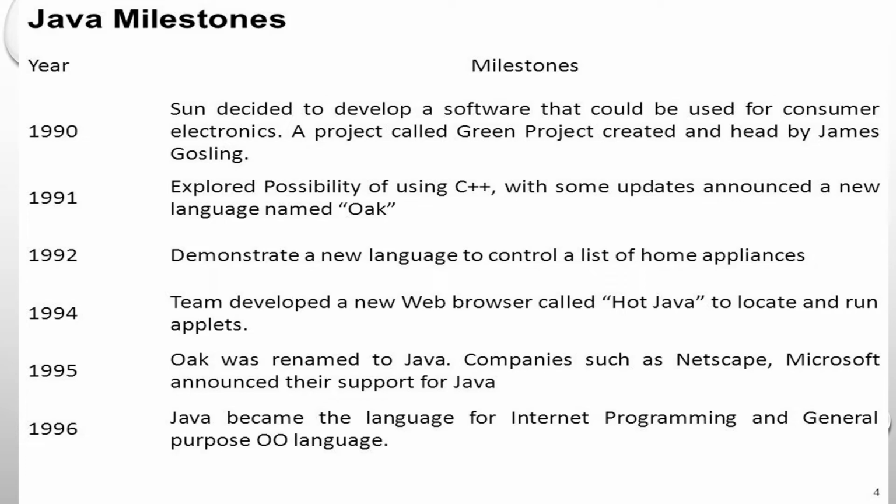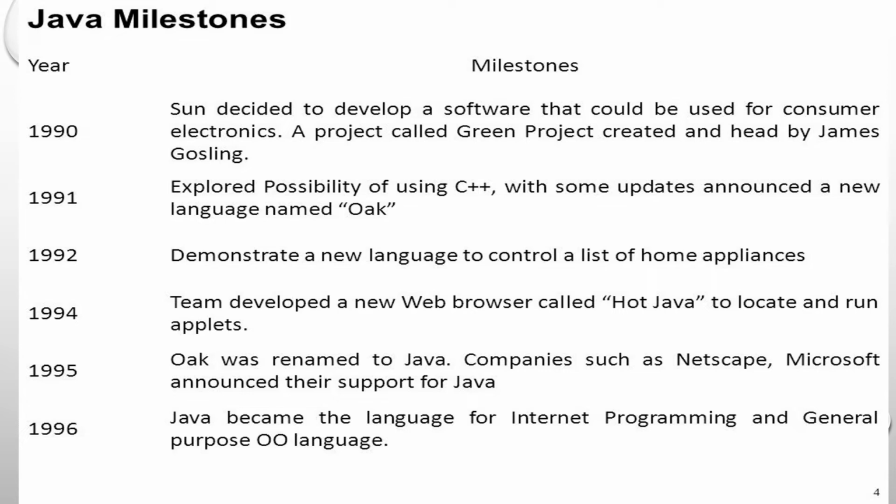In 1991, exploring the possibilities of C++ with some updates, they announced a new language named Oak. In 1992, they demonstrated the new language to control a list of home appliances. The whole team verified the applications of the new language to manage home appliances using some handheld devices.